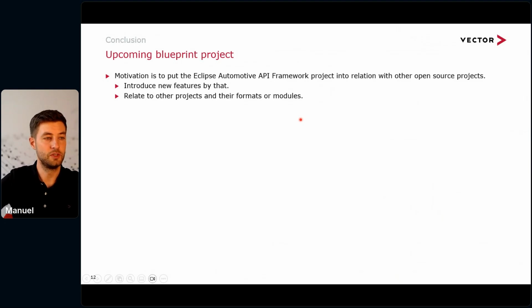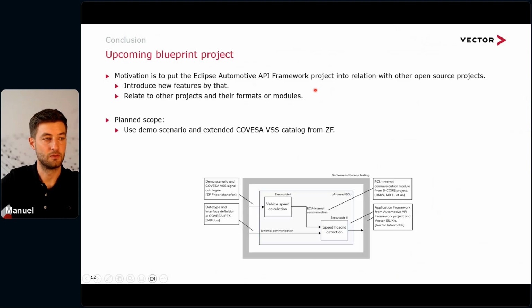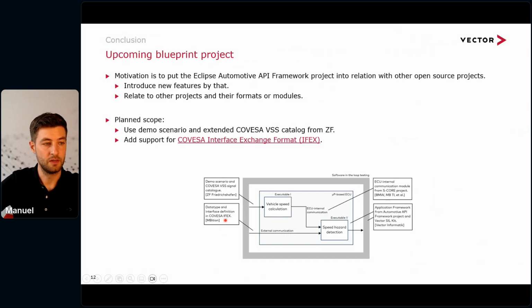It will introduce new features to the framework and show the relation between this Eclipse SDV project and others. And for that, the plan is to create the following blueprint project based on a scenario and VSS catalog from ZF. The plan is to extend the input formats by support for Covisa IFACs.